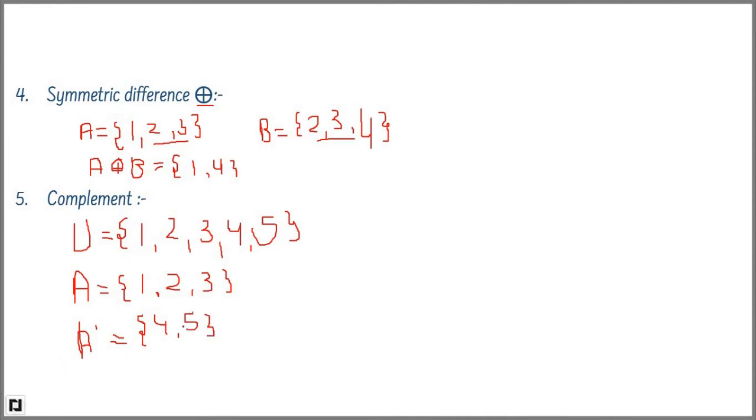All the elements which belong to the universal set but not in the set A are in the complement of the set A.